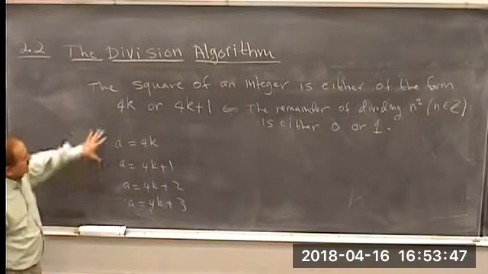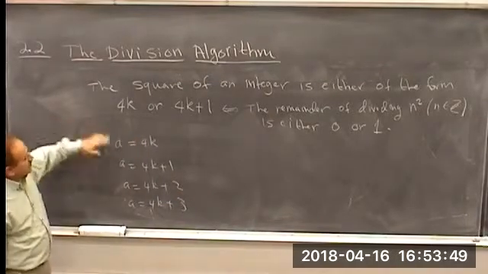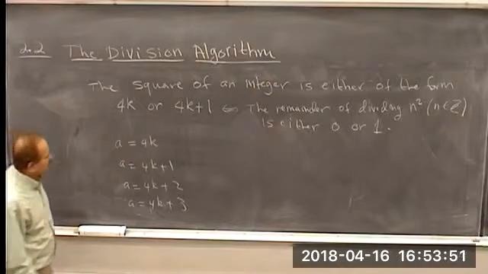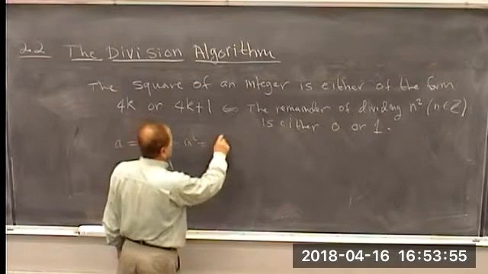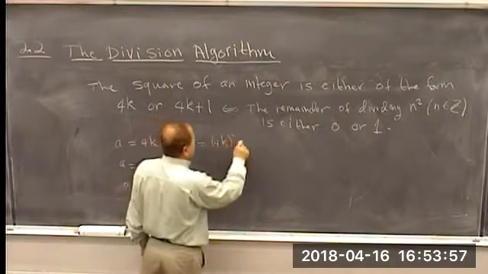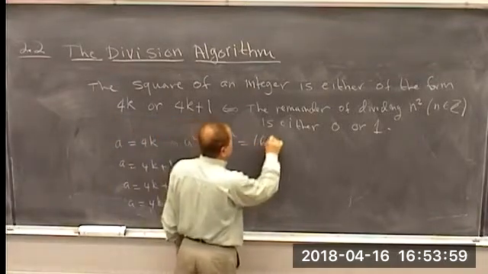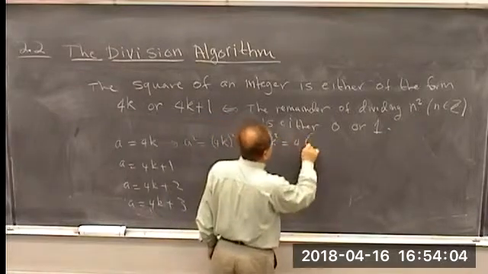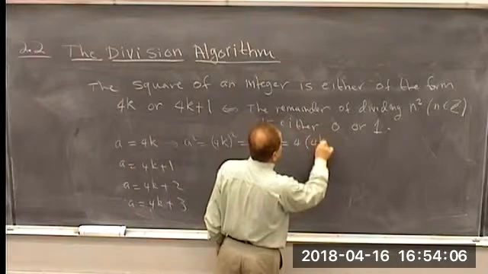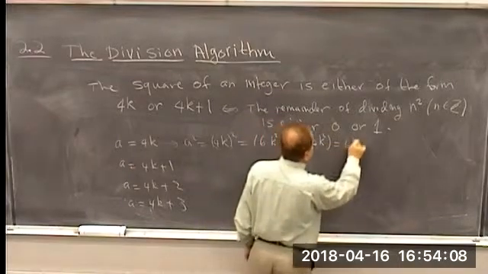So any integer can be written in this form where k is an integer. Now if you square this, you end up with 16k squared, and you can write this as 4 times 4k squared, which is 4k prime.